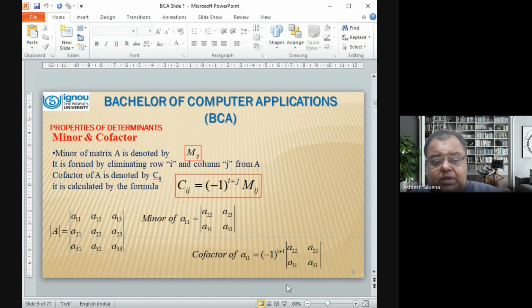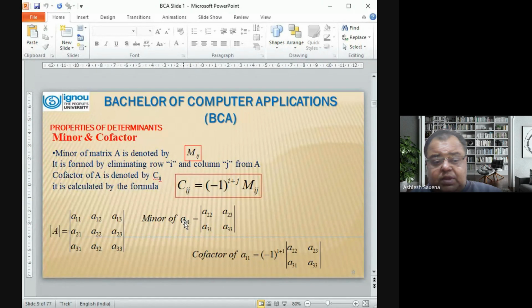Which are the elements? If I'm talking about the minor of A11, remove this, you are left with this. Here it comes. Solve it, you will get a number. After multiplying diagonally, this minus this, you will get a number. That is the minor. Now we have to calculate the cofactor.